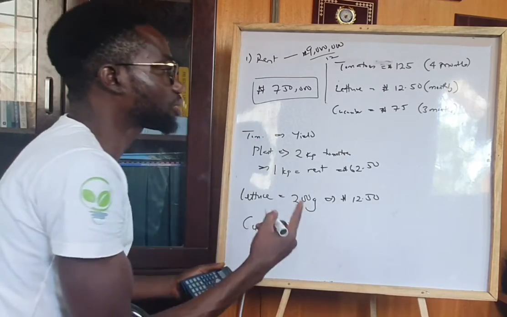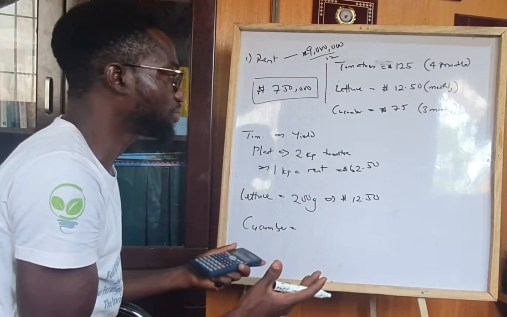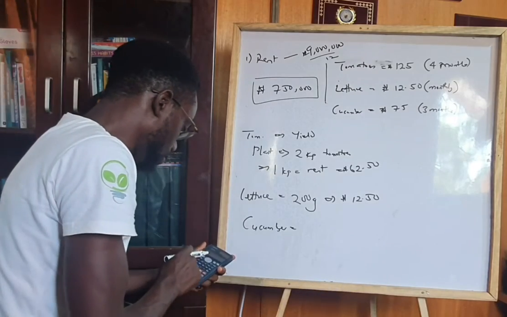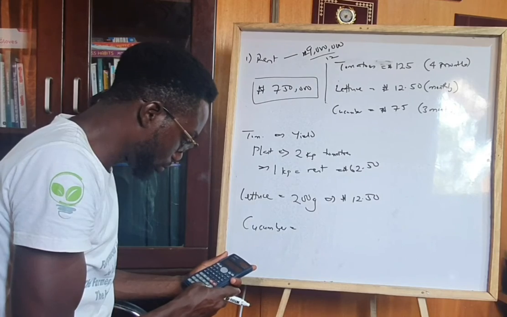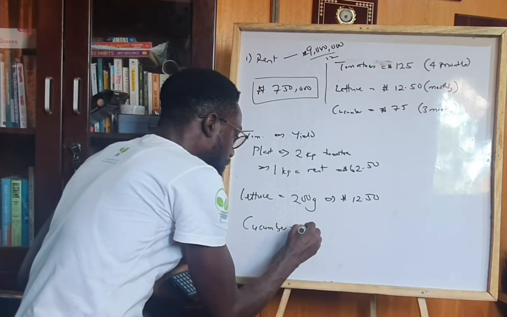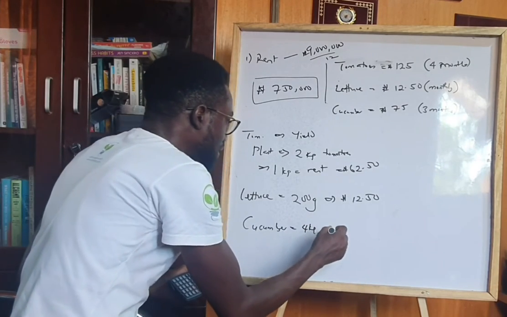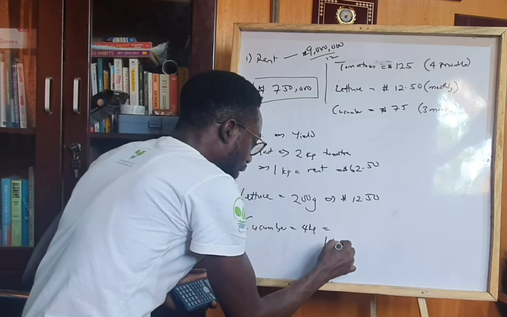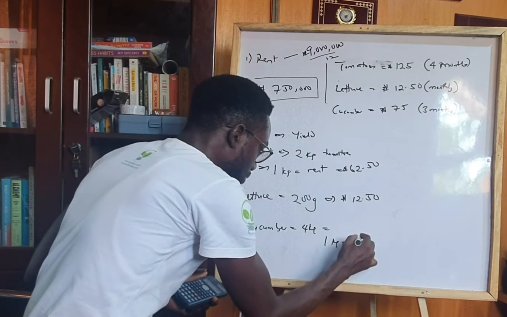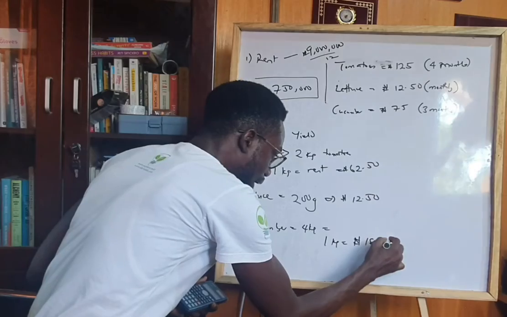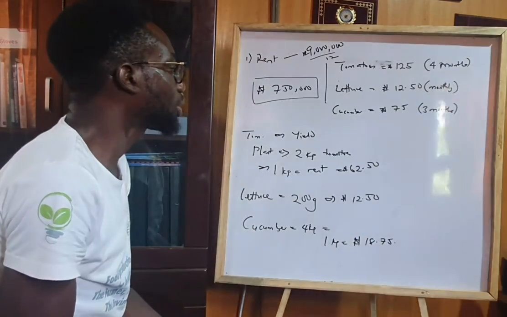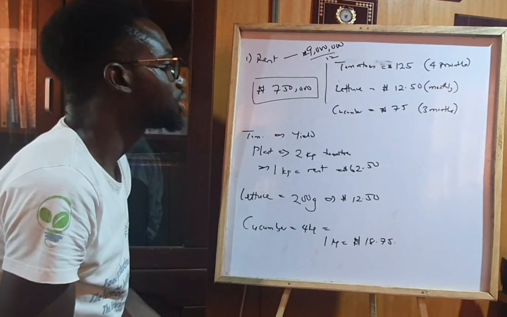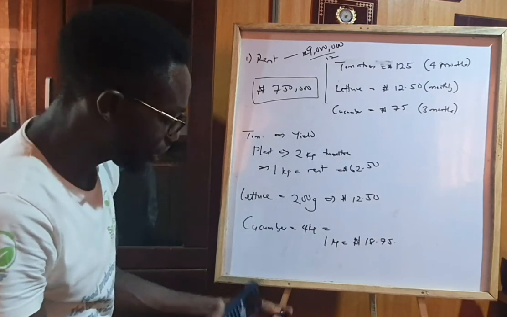Let's be conservative, let's say 4 kg. 75 divide by 4. So if a plant is giving 4 kg, it means that 1 kg comes at 18 naira 75 kobo.